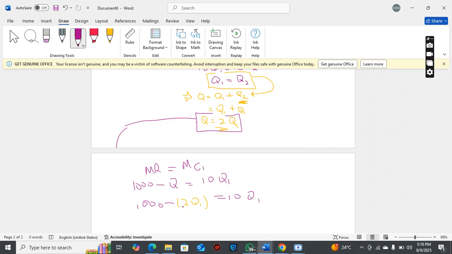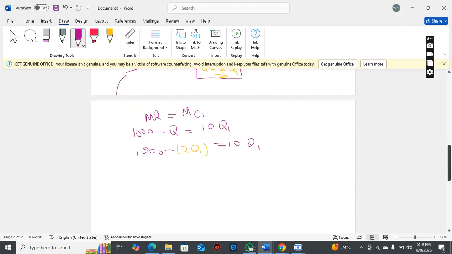Okay, so now at least we've got Q in the form of Q1, so we can easily solve. That was the main problem in this question. You want to put Q so that it's either Q1 on both sides or Q2 on both sides, so that you can first find at least one, then you can find the other.